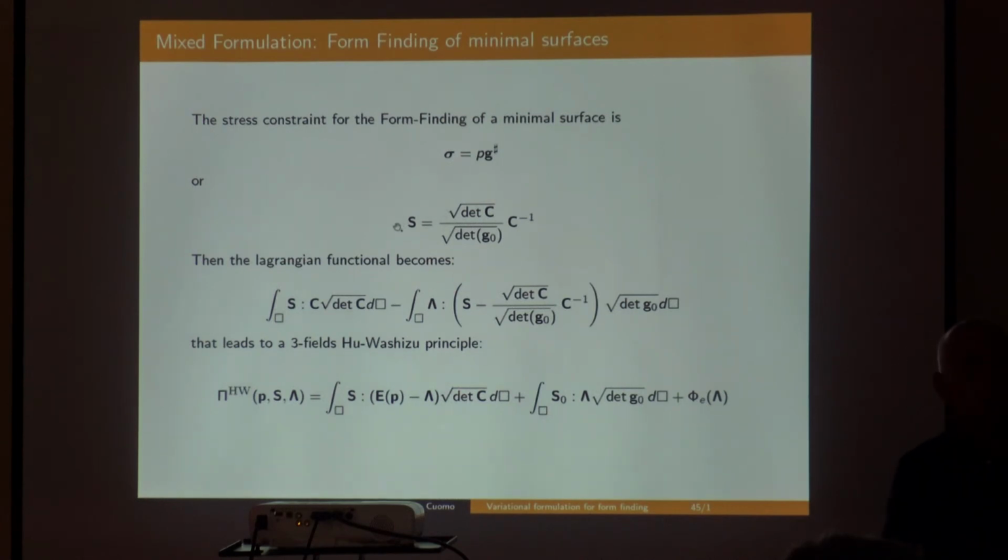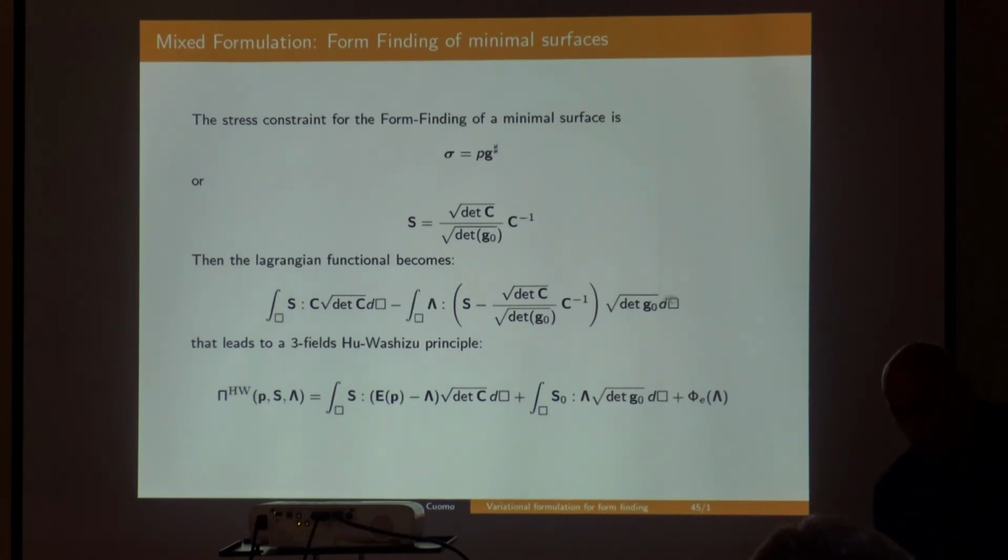Or, if we want to pull back from some arbitrary configuration, the pulled-back tensor is given by the pullback, the contravariant matrix C minus 1, times the ratio of the area between the unknown equilibrium configuration and this arbitrary initial configuration.